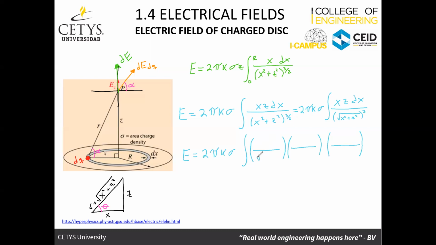I'm going to separate this into 3 factors: square root of x squared plus z squared, square root of x squared plus z squared, and square root of x squared plus z squared. So the denominator, if I multiply these 3, I get it to the cube, which is what I want.